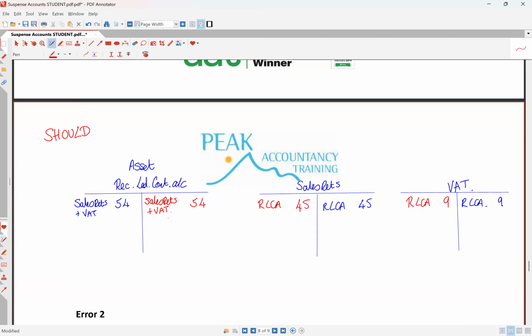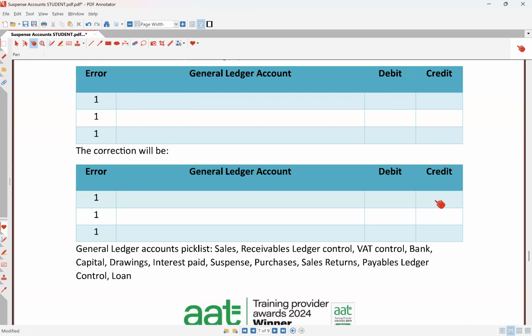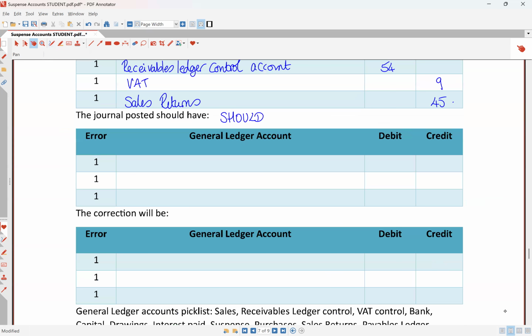So let me write that out. Let's pop that in that journal space so we've got it. So we should have credited receivables ledger control account 54, debited the VAT with 9 and debited our sales returns with 45. So that's what we should have done.